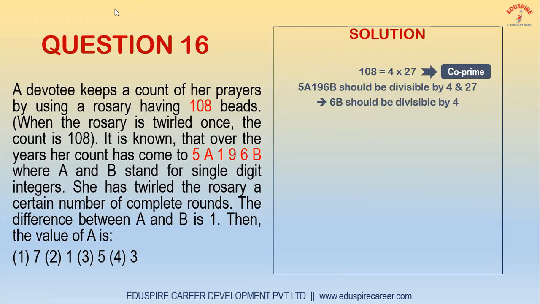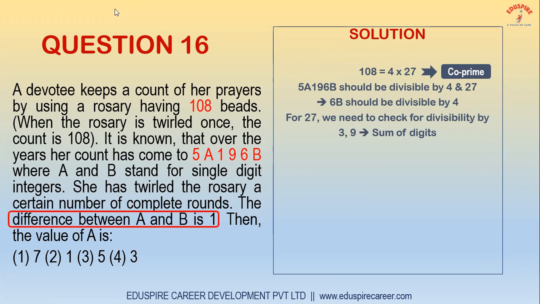So if I have to check for 4, I have to check for the number formed by last two digits, which is 6B. For 27, we should understand that 3 and 9 are factors of 27. So we should have a situation where this number is of course divisible by 3 and 9. And we know for either 3 or 9, we should look at the sum of the digits.